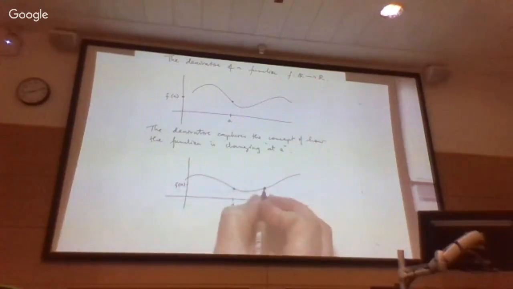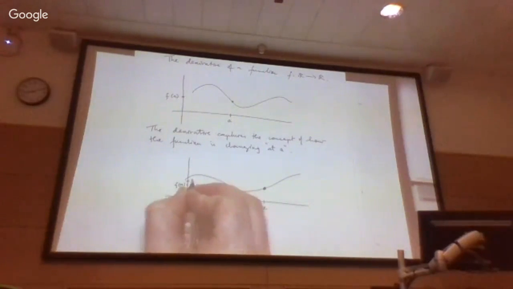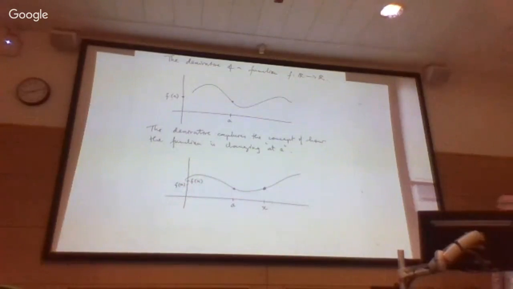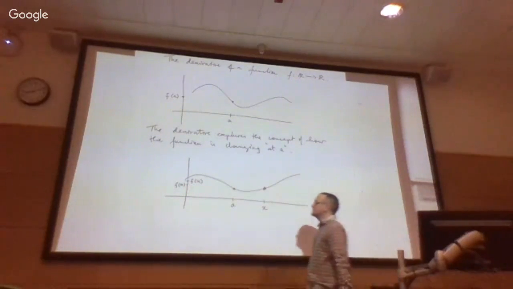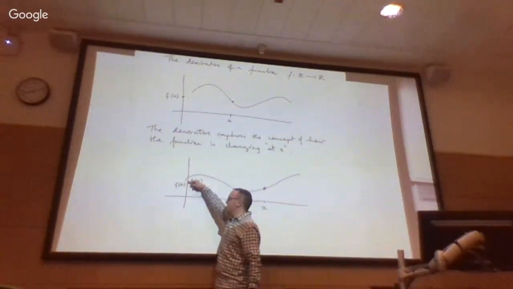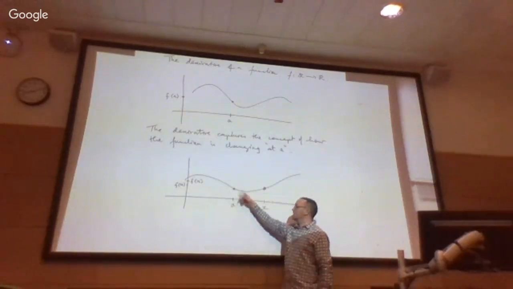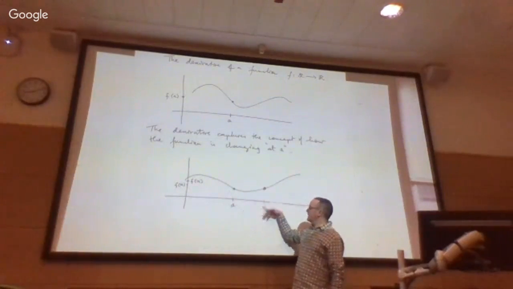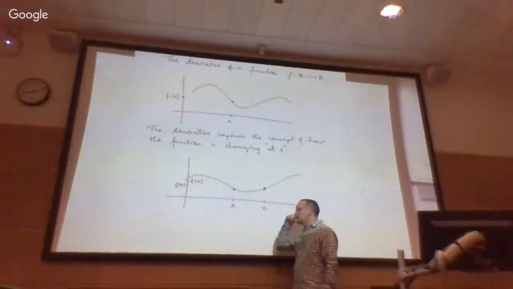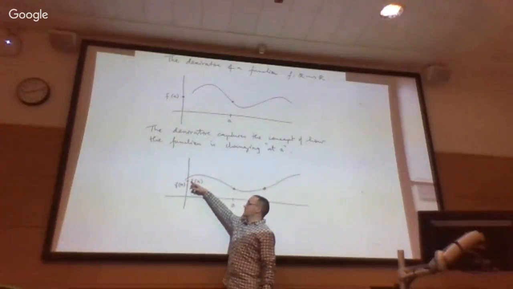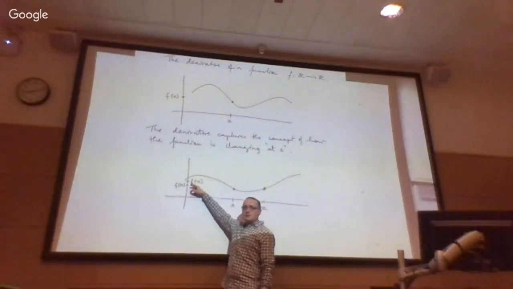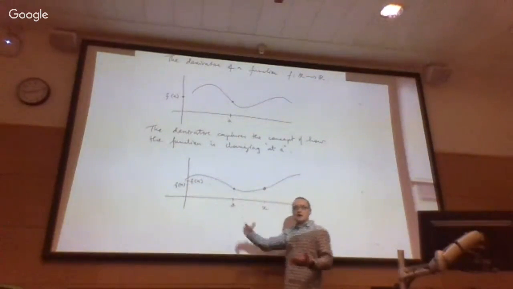I didn't draw it that way, maybe the f of X is slightly higher. So the very first thing you might do is just compare the two values. Compare the value of the function at A with its value at some nearby point X. And you might observe one being greater than the other, and you might take note of how large that difference is.